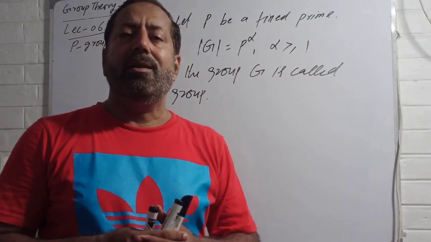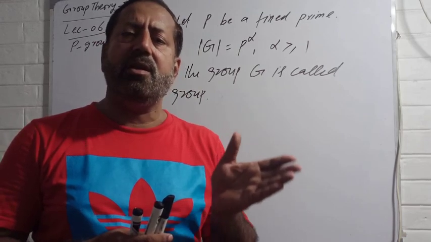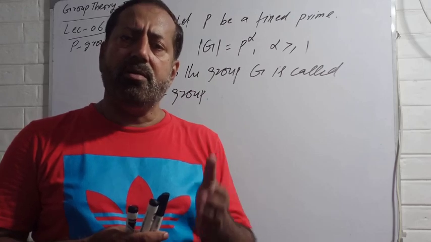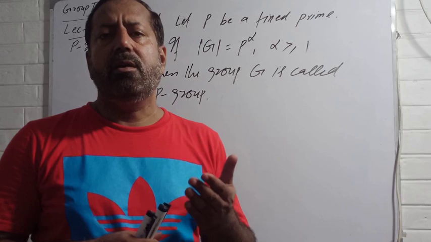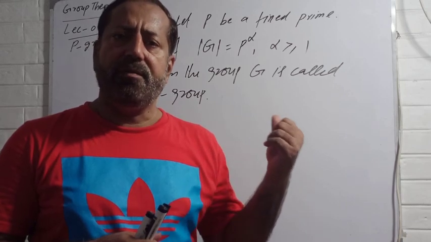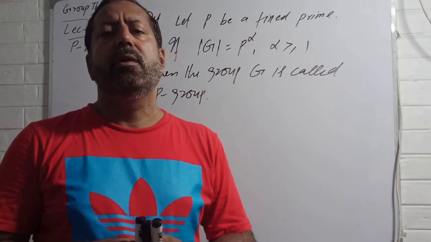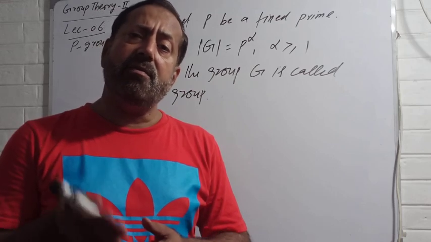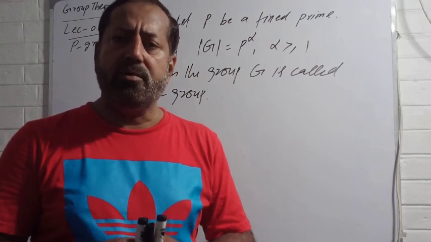One very simple deduction is that the order of every element of G must also be some power of the same prime P, because you know with the help of Lagrange theorem that the order of an element also divides the order of a group G, where G is a finite group.